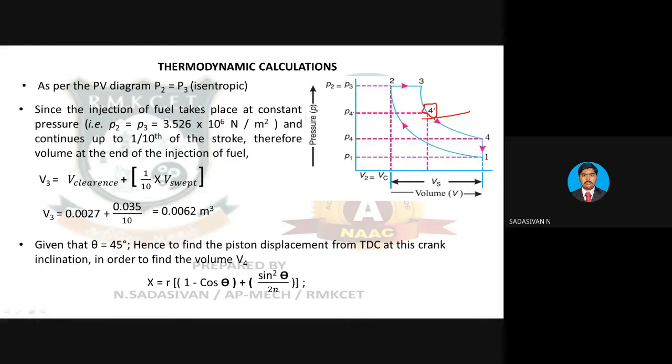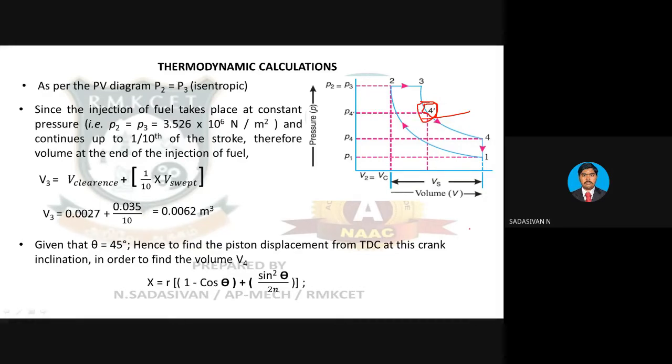Now to find the volume when my piston is at this point 4 dash, I know that the theta value is 45 degree. That is given in the question. At theta equal to 45 degree, that point is represented as 4 dash in the PV diagram. At this point, what is the volume above the piston? That volume I can find out. How?